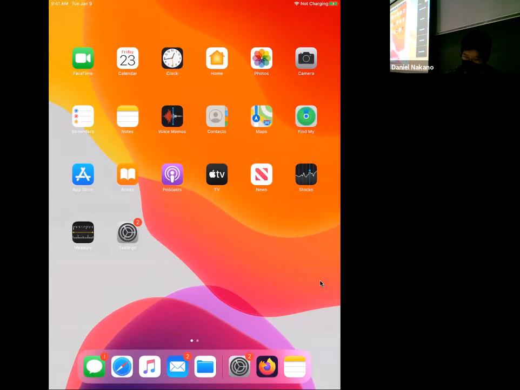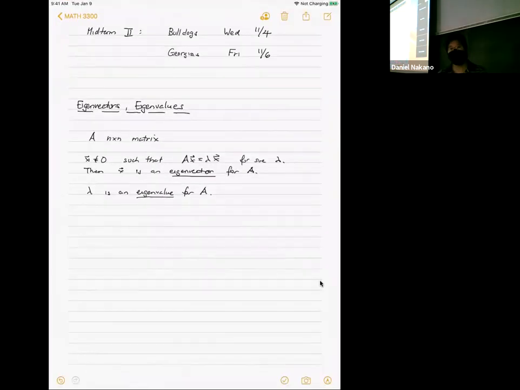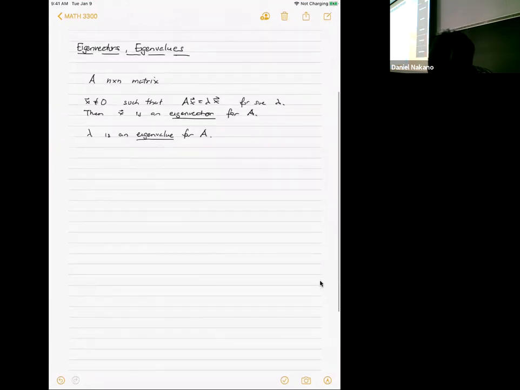Sorry, let me get back in there. What we did last time was outline a plan for how to determine eigenvalues and eigenvectors for A. Let me recall this idea.